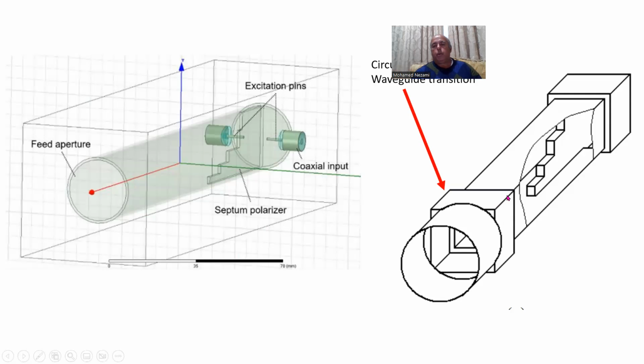There is one piece that we didn't talk about that a lot of times you see on these feeds: the interface between the rectangular waveguide and the circular waveguide, which is the horn. There's a little piece which basically transforms the mechanical dimensions from circular to square.